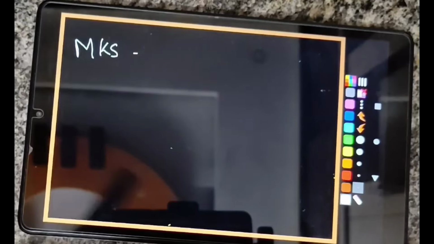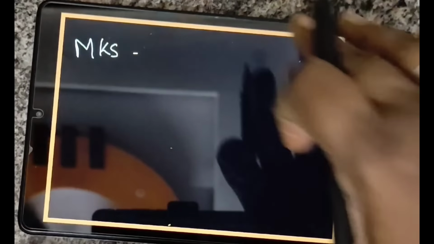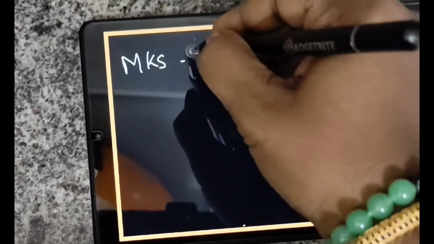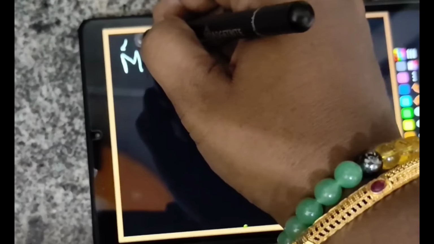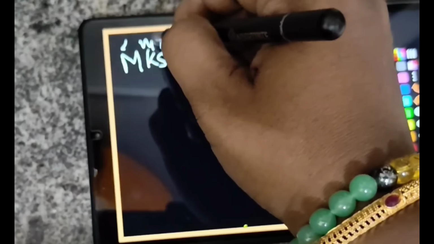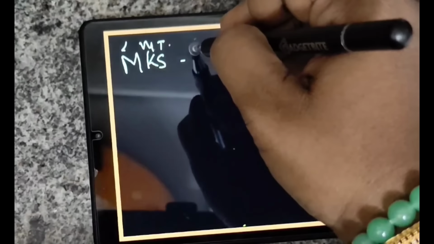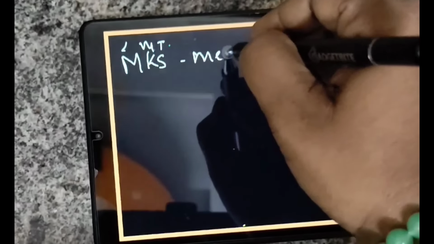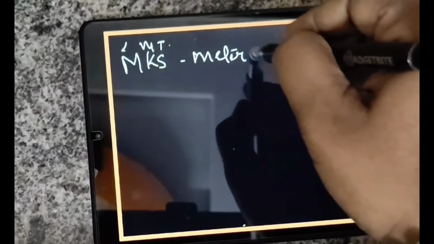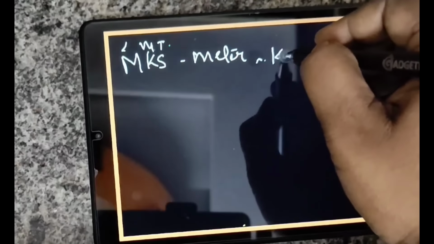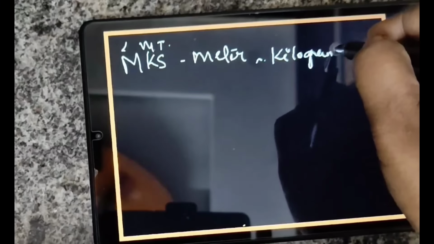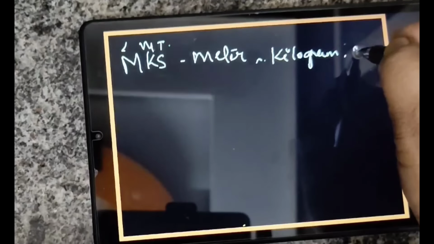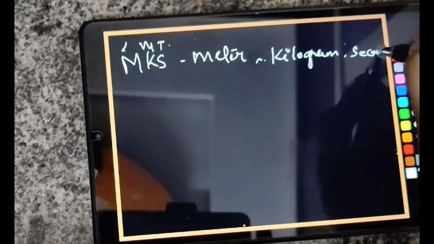So the MK system, it will always be length, mass, and time. M stands for meter, K is for kilogram, and S stands for second.